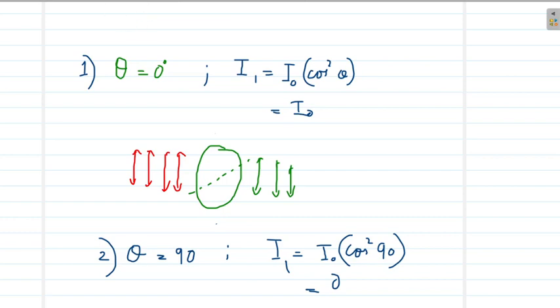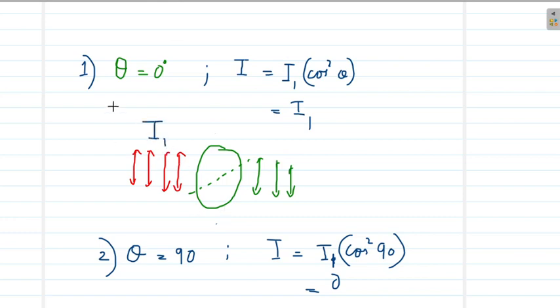I should have written I0 and I1 here. So we have stated the Malus law like I is equal to I1 cos square theta. So I equal to I1 cos square 90. So this is simply I. So let us stick to this notation.